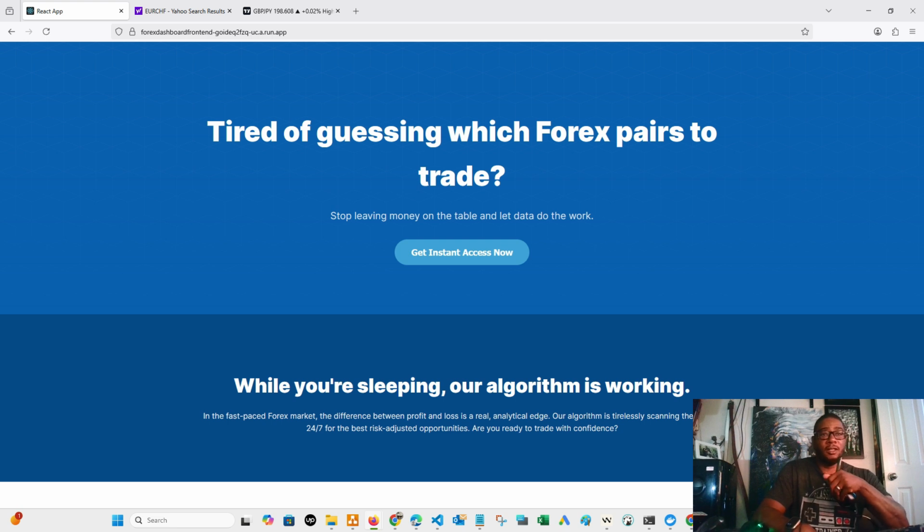And this is something I feel like a lot of people are going to be excited about, because it's something I wanted to have when I was trading Forex back in the day.